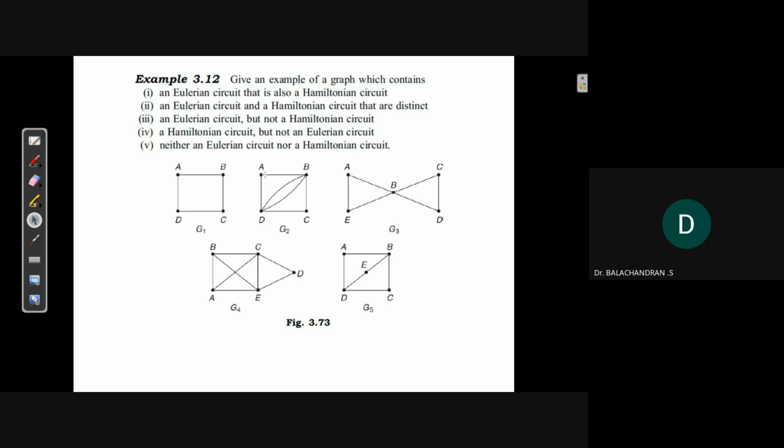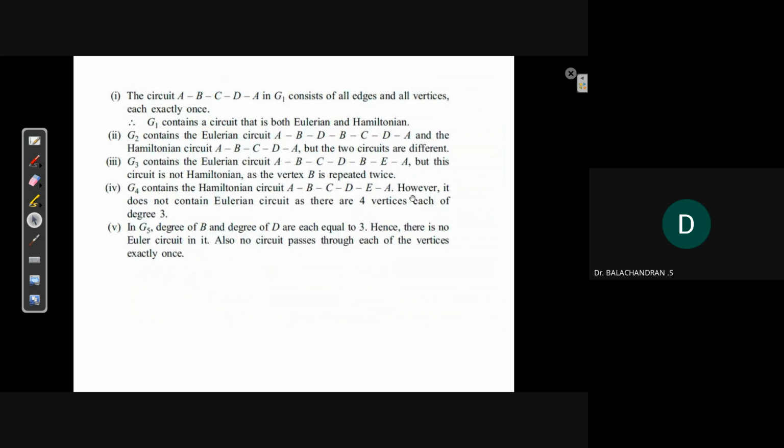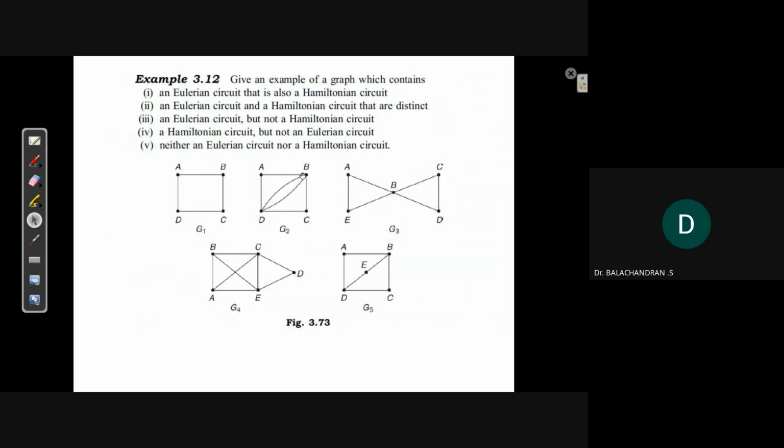You can see the Hamiltonian circuit is A, B, C, D, A. Eulerian means A to B, B to D in this way, and then again D to B, and then B to C, C to D, D to A. So both the Hamiltonian circuit and the Eulerian circuit are different, but both of them exist.